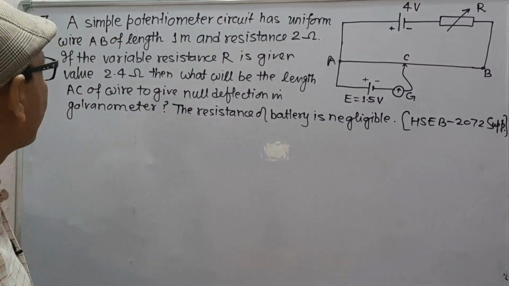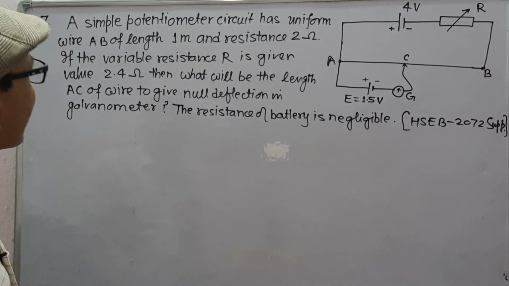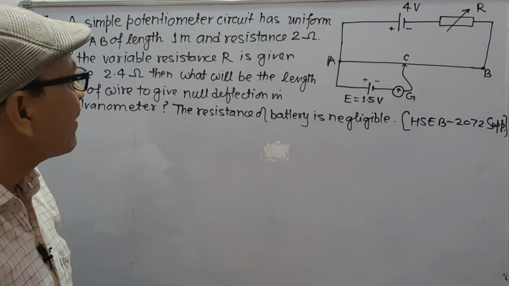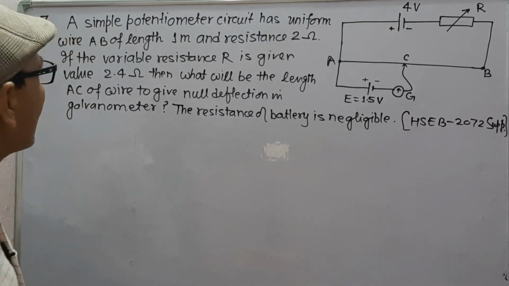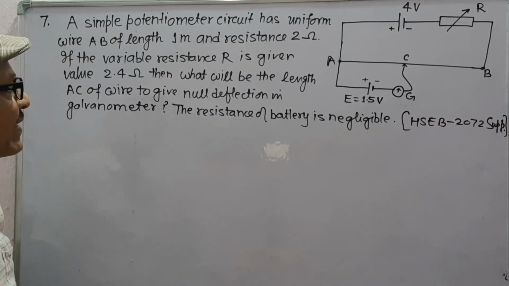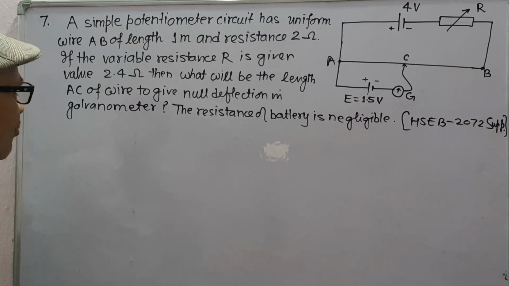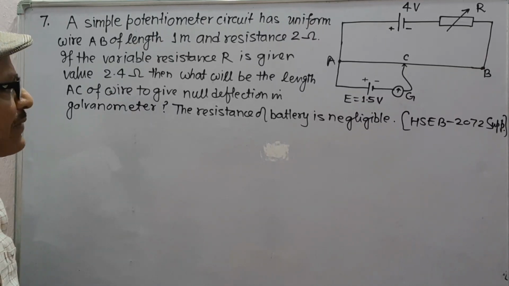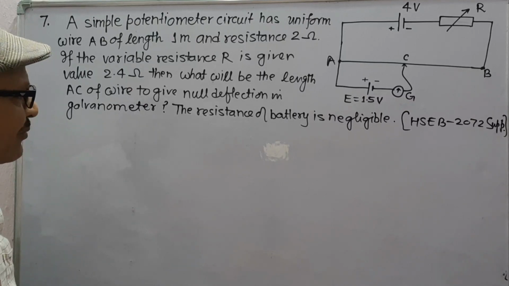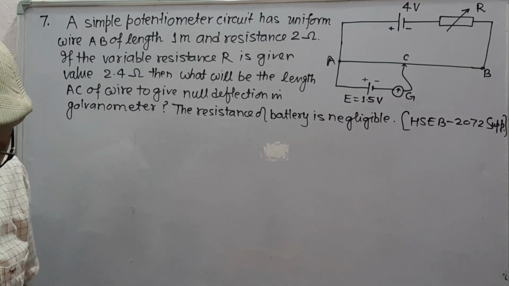Next, question number 7. A simple potentiometer circuit has uniform wire AB of length 1 meter and resistance 2 ohm. If the variable resistance R is given value 2.4 ohm, then what will be the length AC of wire to give null deflection in the galvanometer? Resistance of battery is negligible.